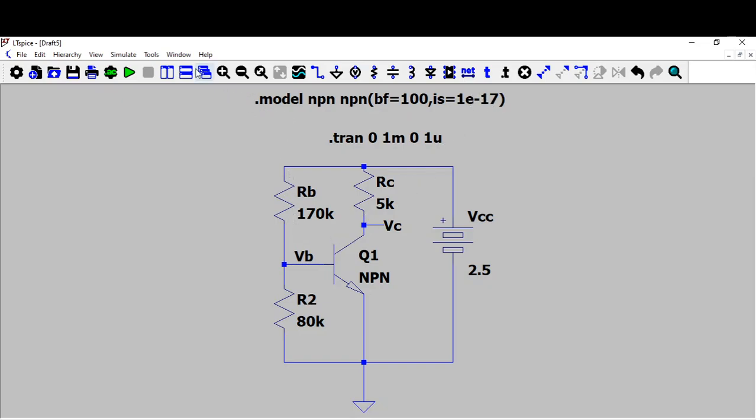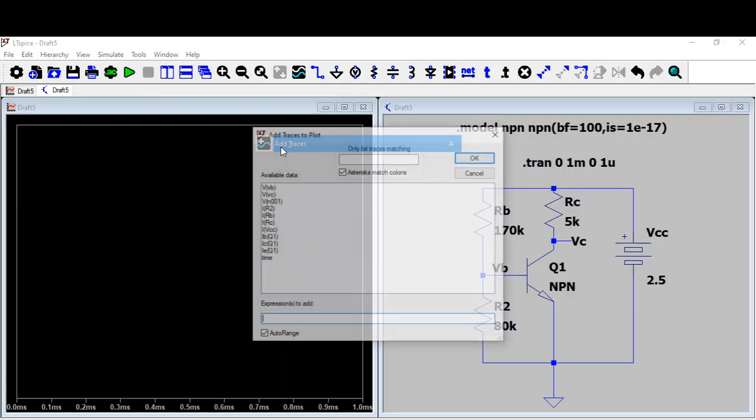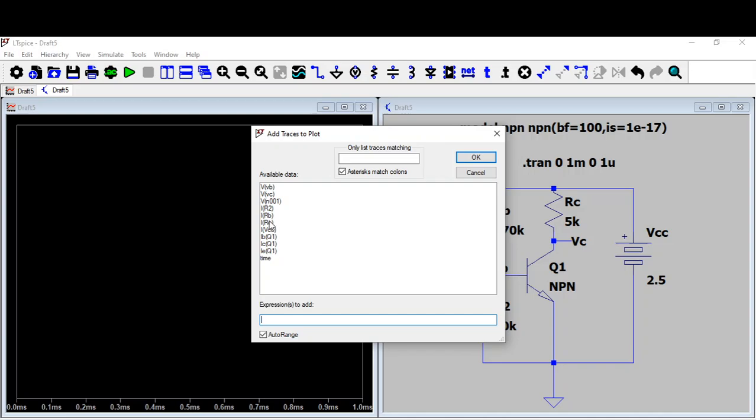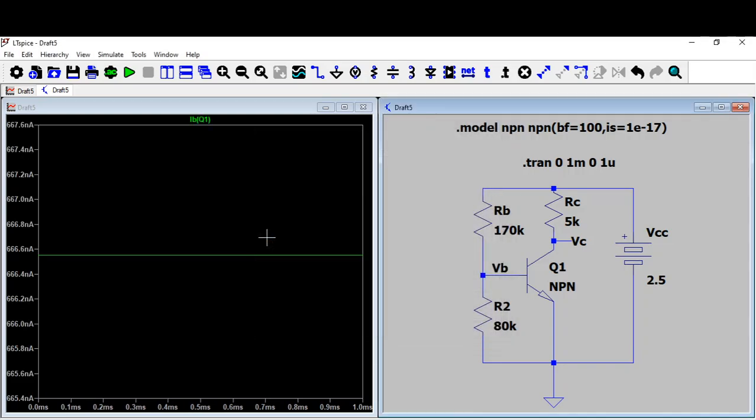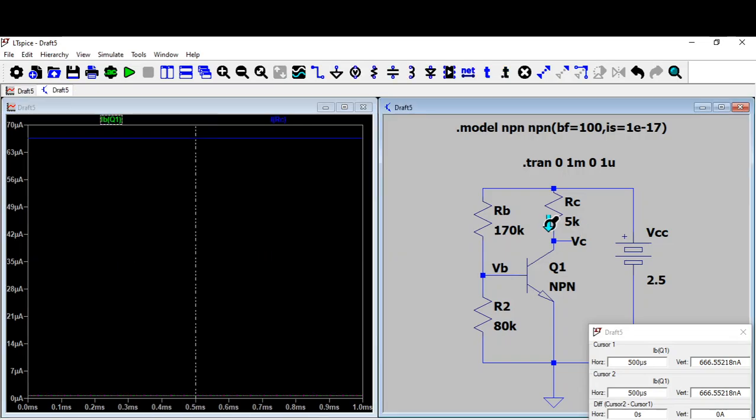Now we can verify how much is the value of IB. You can add the trace corresponding to IB, which comes out to be 0.666 microampere. Now this is actually nano. We can also find out how much is IC.